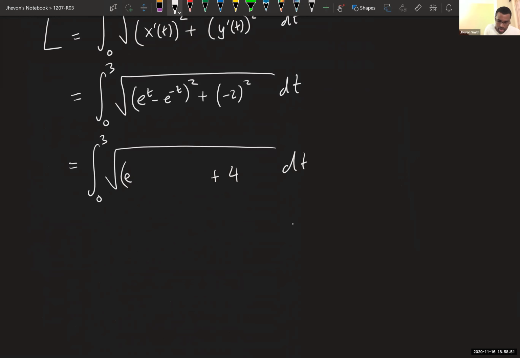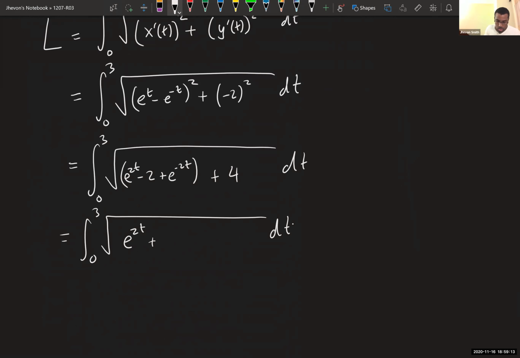Here, I would have e to the 2t minus this times 2 plus e to the minus 2t. The minus 2 plus the 4 is actually a positive 2. I write the positive 2 in the middle to be very suggestive.